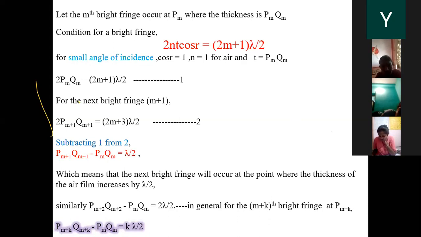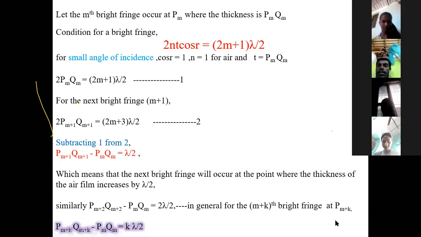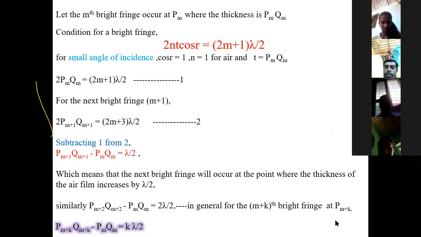Instead of nth, let us say I put in some kth bright fringe. So when I go in for this kth bright fringe, I get a general expression. The left hand side should be the difference of two successive bright fringes.